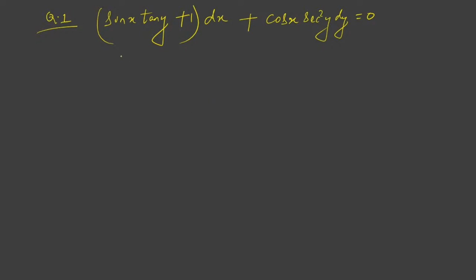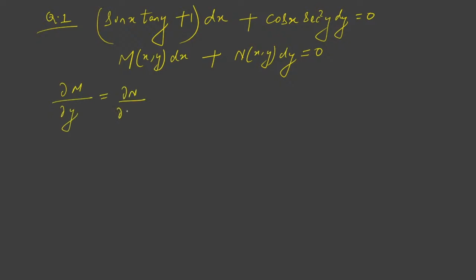This equation is of the form M(x,y) dx + N(x,y) dy = 0. So ∂M/∂y should equal ∂N/∂x; this is the only condition to satisfy. ∂M/∂y is sin x sec² y.